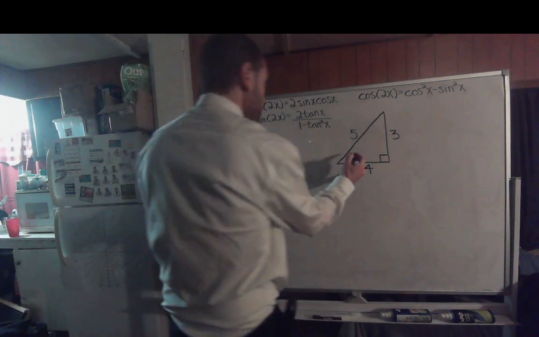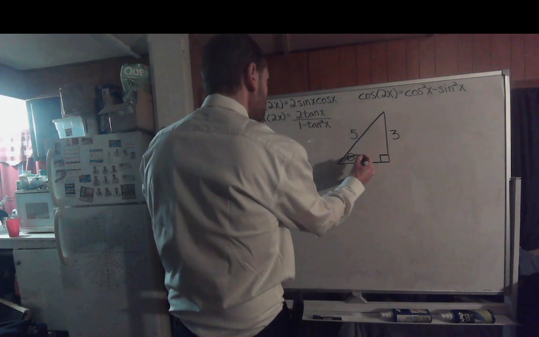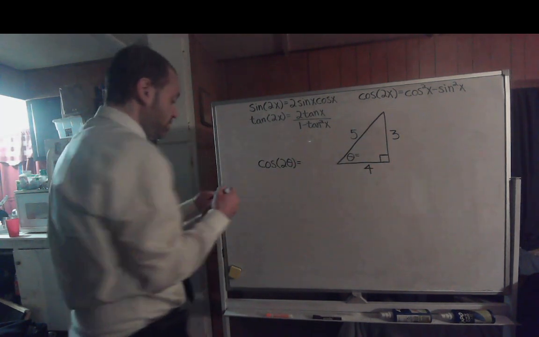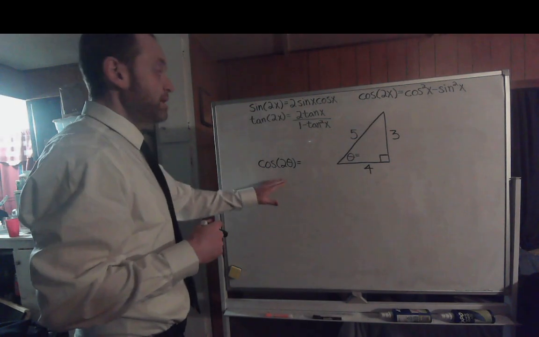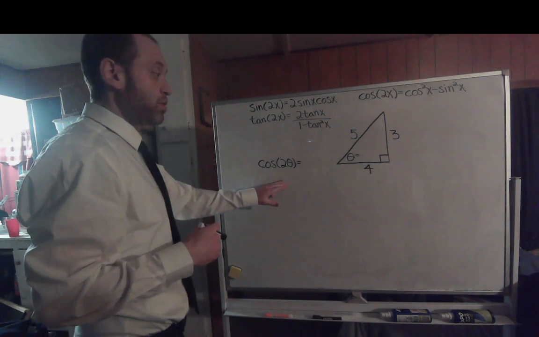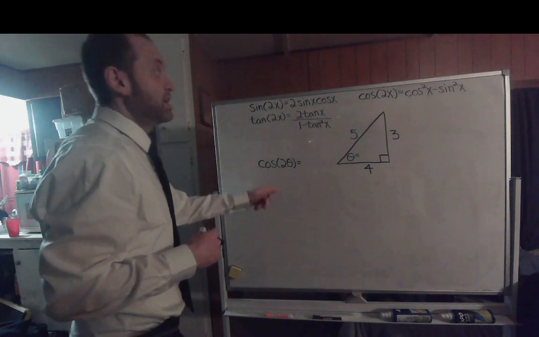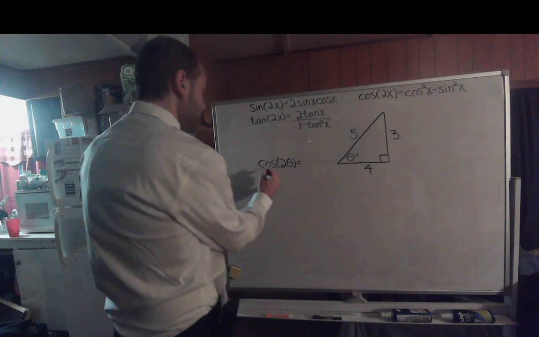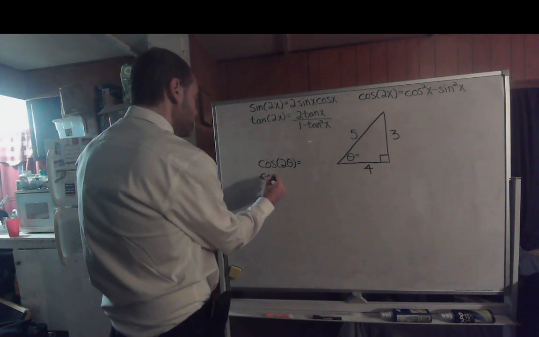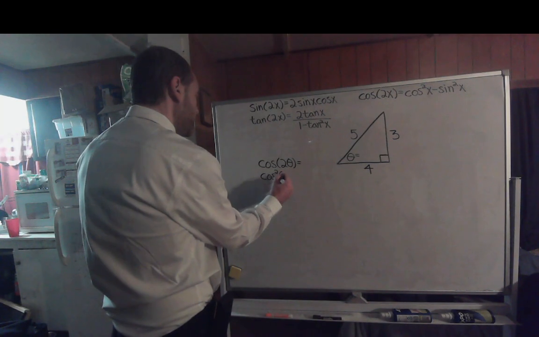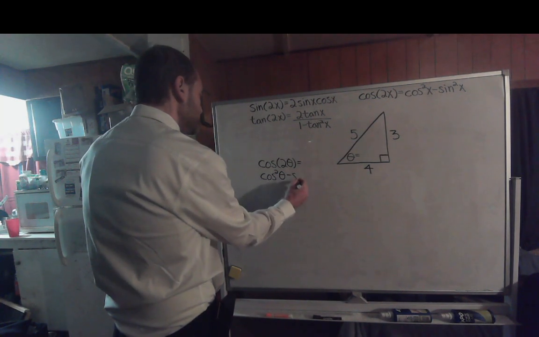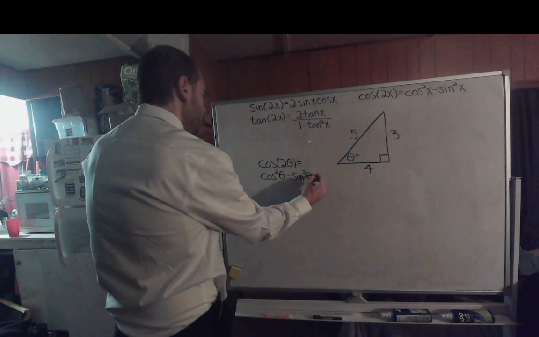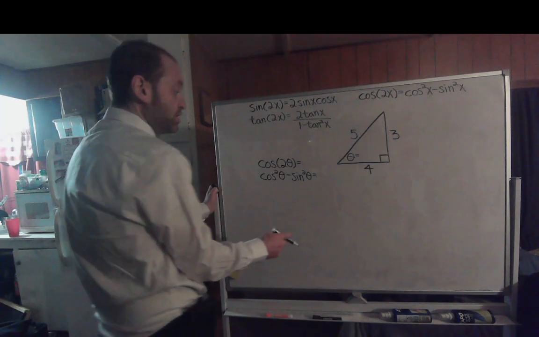So here is your angle theta. We're going to find the cosine of 2 theta. Before we even try to find anything, we might want to apply the formula for the double angle of a cosine. That would be the same as the cosine squared of theta minus the sine squared of theta, which all we have to do now is put these values in.